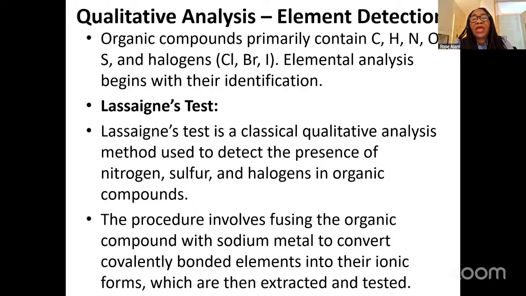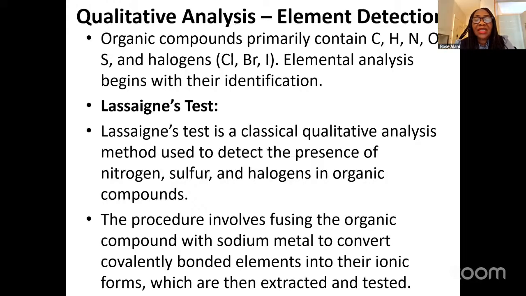We know that organic compounds primarily contain carbon, hydrogen, nitrogen, oxygen, sulfur, and halogens. So the first step is to carry out the identification of these elements. And so we want to look at using Lassaigne's test for this.